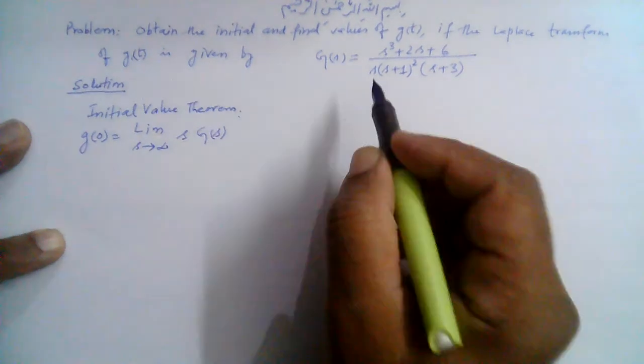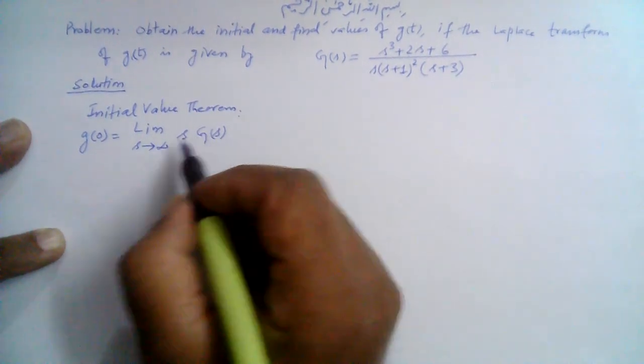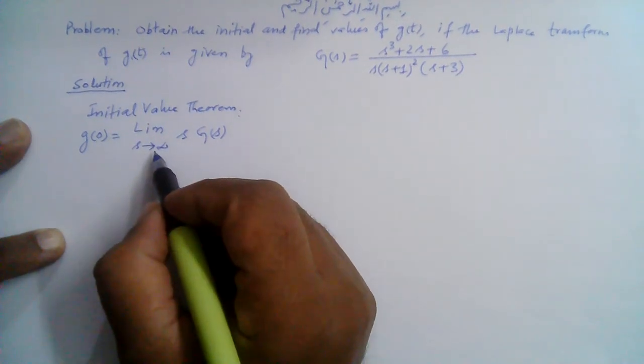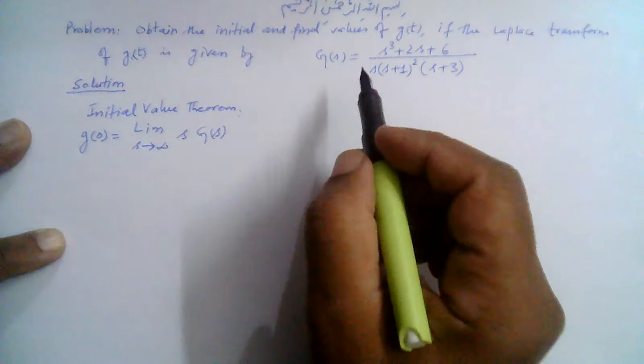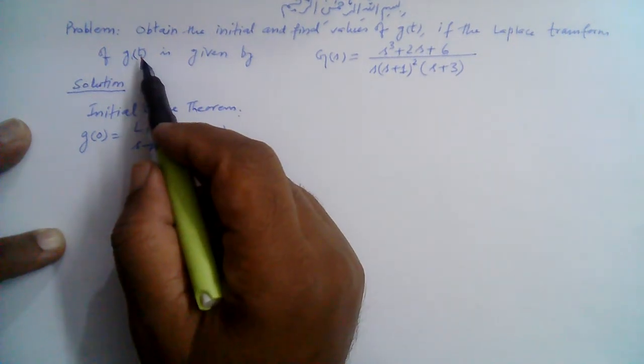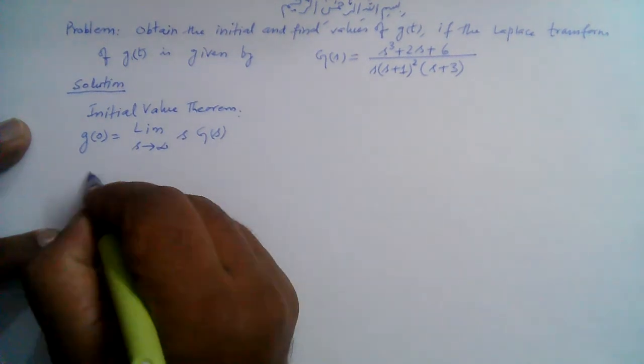If we multiply g of s with s and then take the limit when s tends to infinity, this will give us the value of the function g of t in the time domain at t is equal to 0.